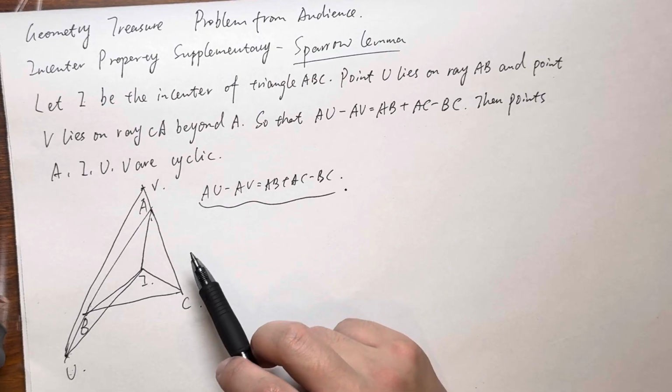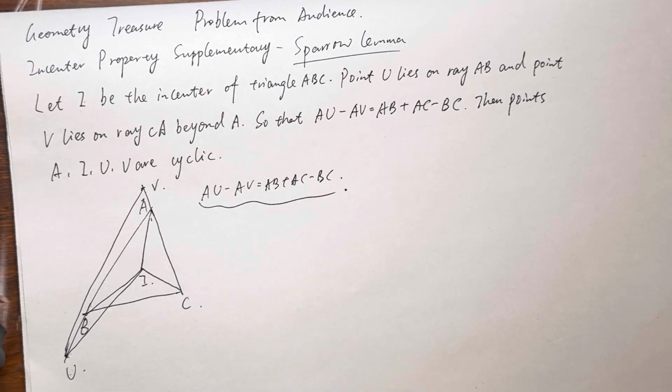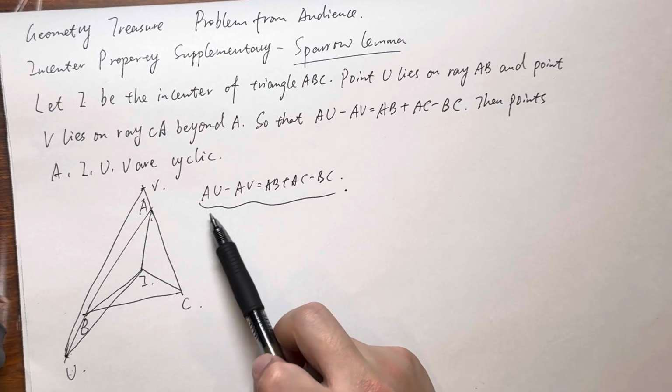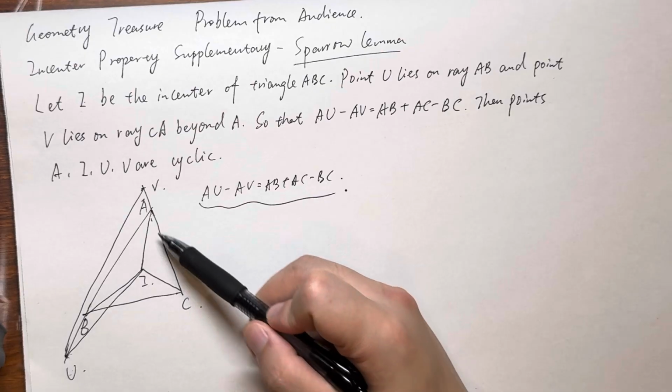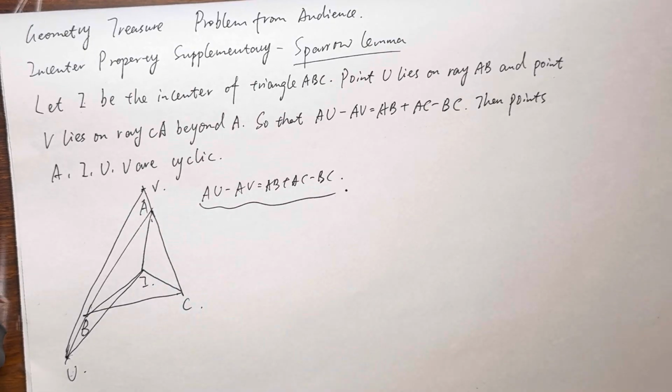So the first thing we do here is manipulate this equation to simplify it. We know that AU and AB are on the same ray, and AC and AV are on the same ray.